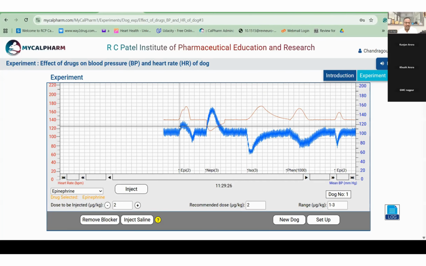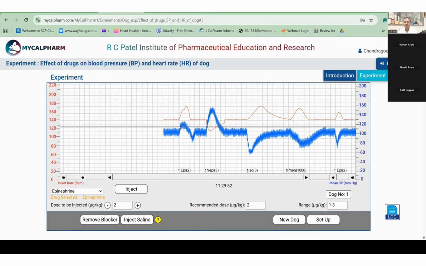If we start telling the students like this, it will develop great interest on the part of students, because they'll start looking at the reasons why this is happening. Initially there was a rise in blood pressure, a biphasic effect, but after phentolamine we are just seeing a fall in blood pressure. Like this, we can stimulate students' interest in experimental pharmacology or even theoretical aspects.